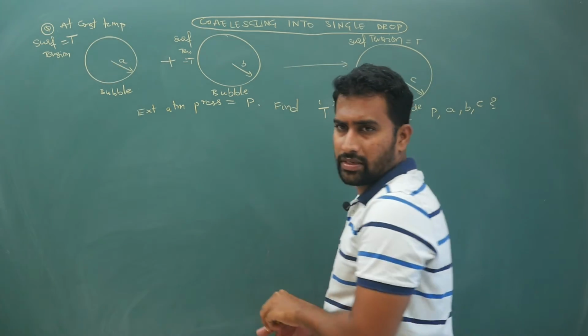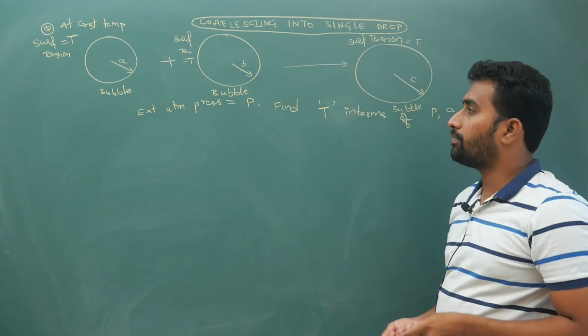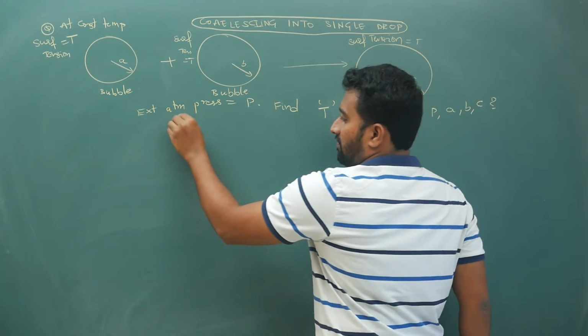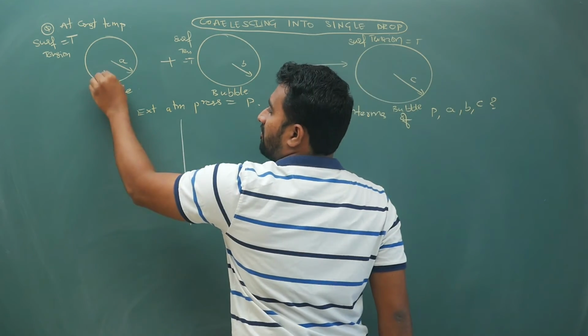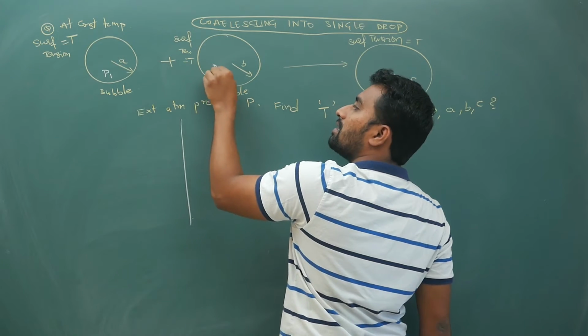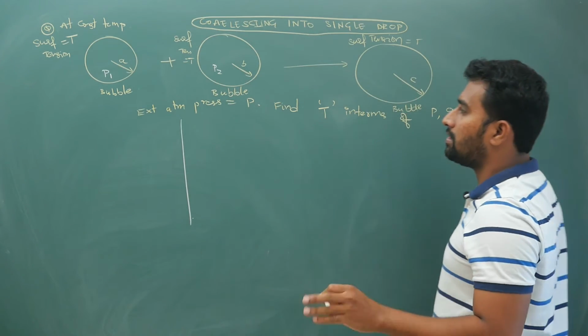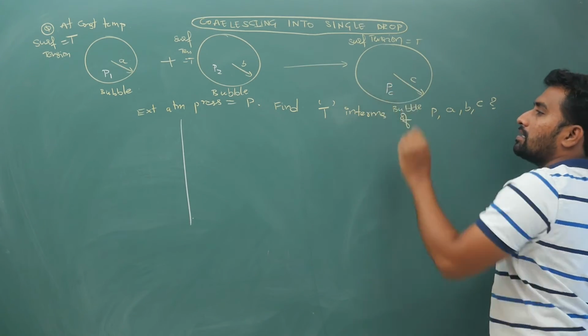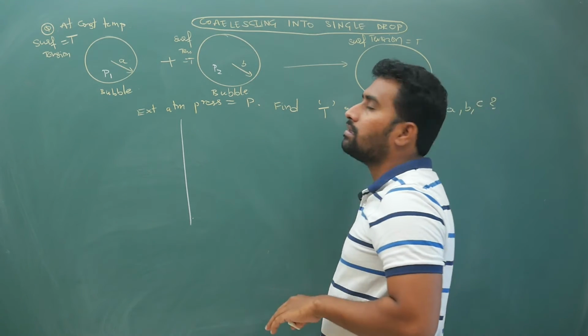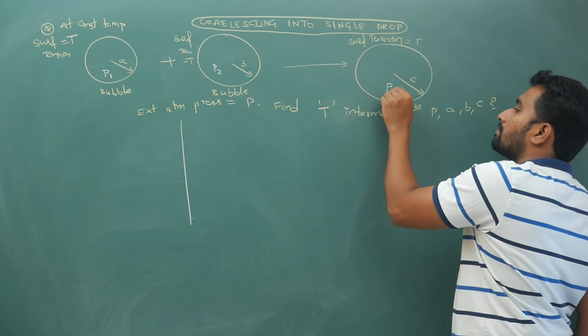Why I am doing this, I will tell you. For the first bubble, let the pressure be P1, he did not give the P1, P2 values, so I am assuming, and let us say after combining the pressure is P3.